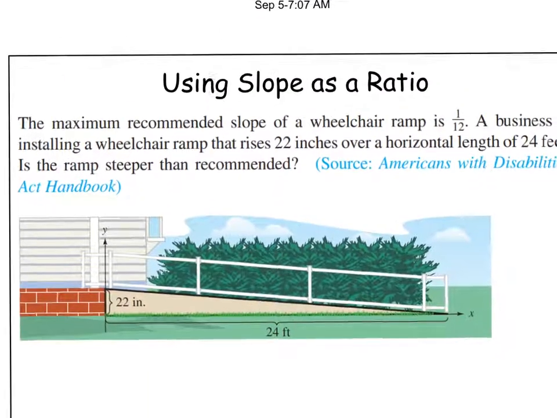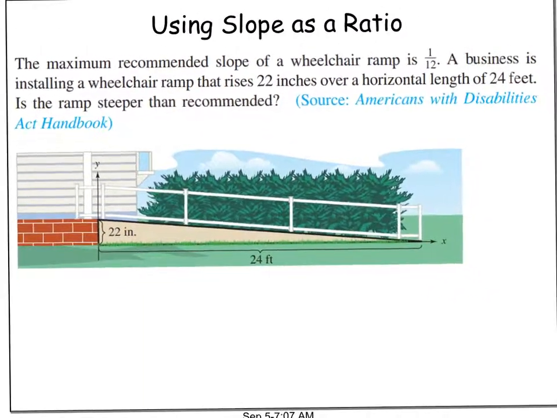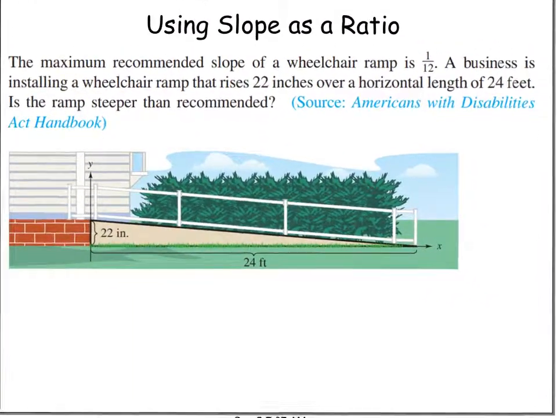All right, a few application problems to just take a peek at. Using slope as a ratio. Okay, I've got this diagram of a ramp. And what I want to see here is, does it fit the recommendation that the steepness should be no more than 1/12? Okay?